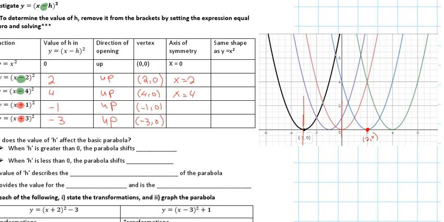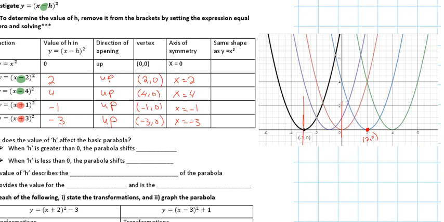And the axis of symmetry of x plus 1 squared? X equals negative 1. And for x plus 3 squared it is x equals negative 3. Okay? So the h value is affecting your axis of symmetry, which is the x value of your vertex.